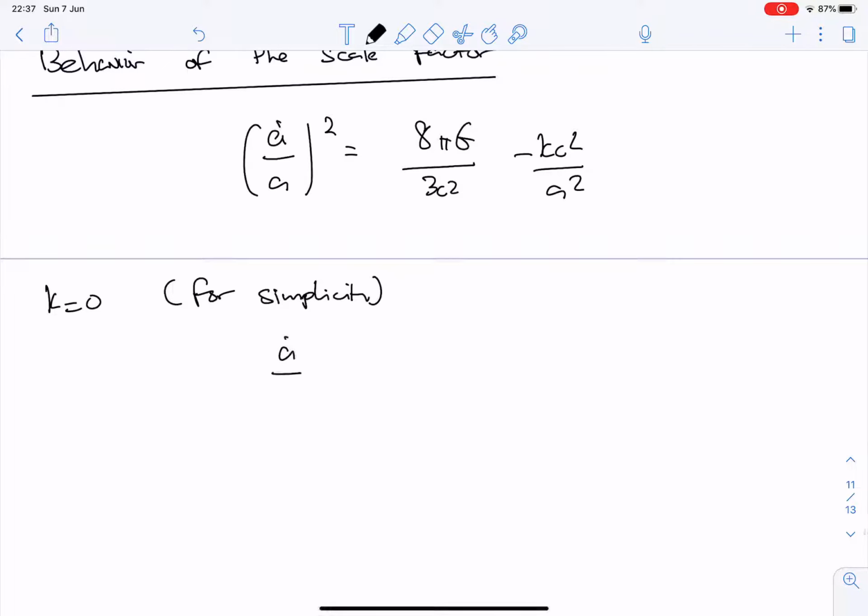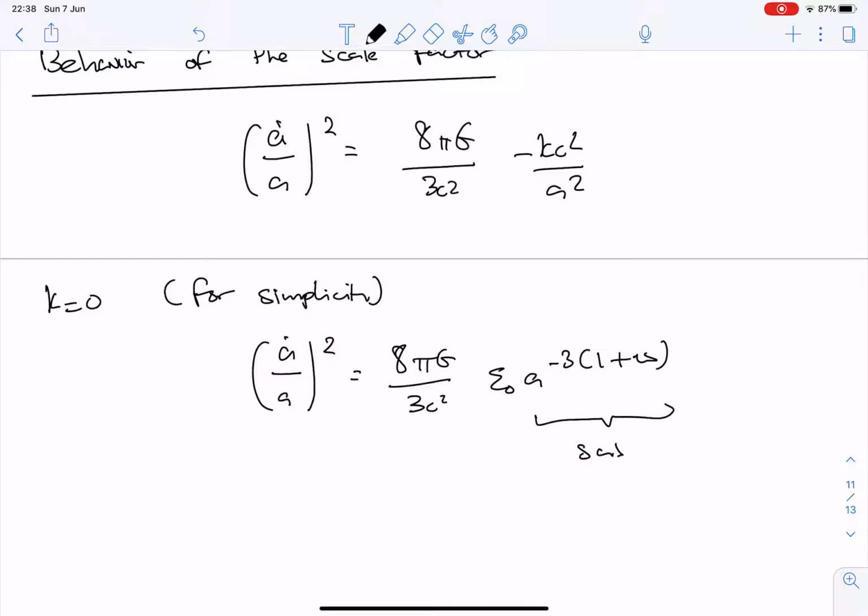And so (ȧ/a)² = 8πG/3c² ε₀ a^(−3(1+w)), just substituting in here from the fluid equation.